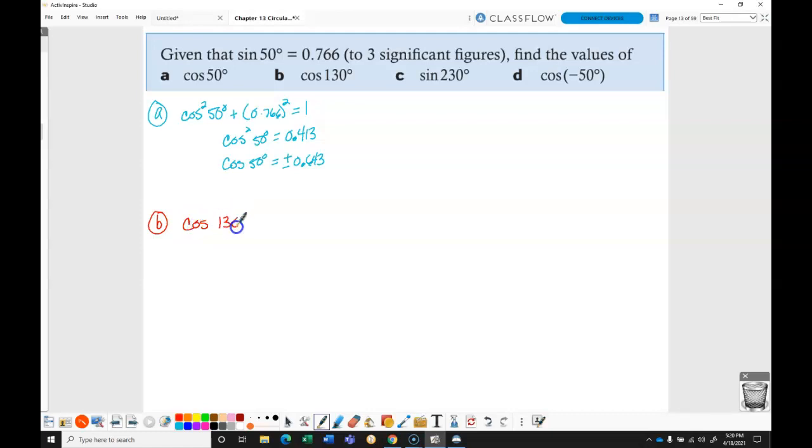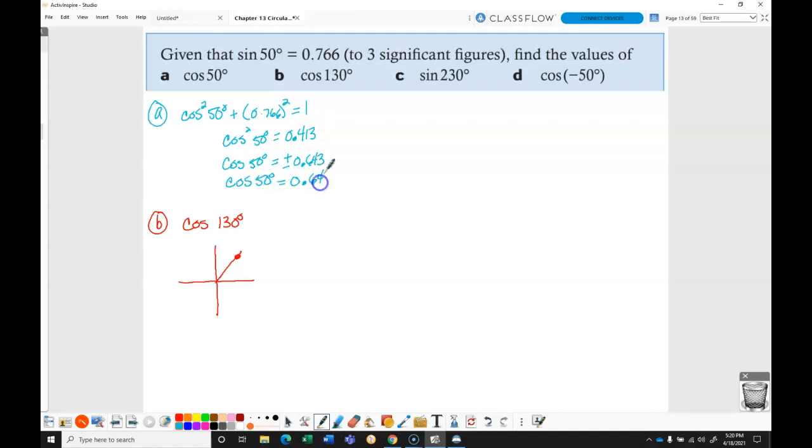Next one is asking for the sine of 230 degrees. So let's think about where 230 degrees shows up. 230 degrees shows up right here. And it's asking for the sine of that. So it's actually asking for that y-coordinate right there. Oh, well, we were given the y-coordinate of 50 degrees, right?